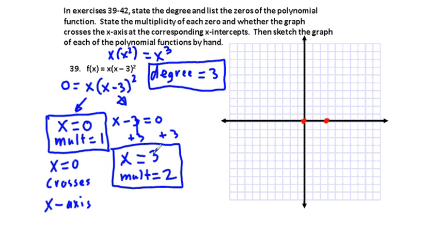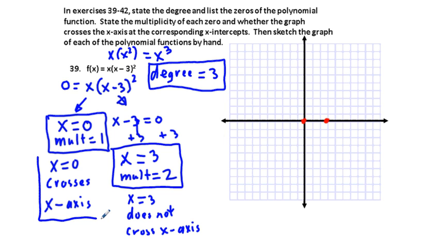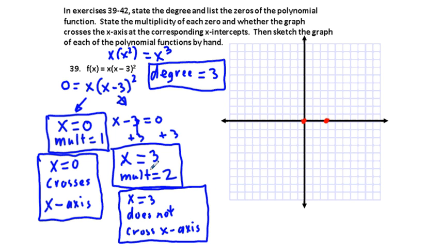And also this one here, x equals 3, well, that's a multiplicity of 2. An even number multiplicity will not cross the x-axis. So our 0, x equals 3, does not cross x-axis, again because that's an even number multiplicity. So here we have the degree of 3, we have what the zeros are, their multiplicities, and whether or not they cross the x-axis. In one place the function does, the other place the function does not.